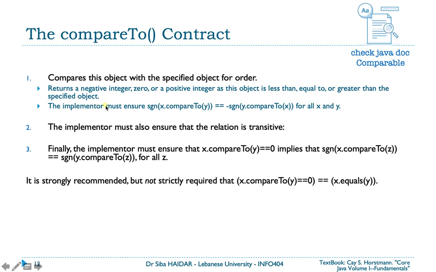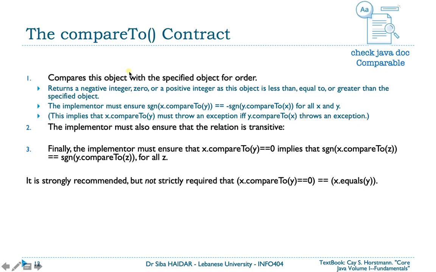The implementer must ensure that the sign of x.compareTo(y) is equal to the negation of the sign of y.compareTo(x), not the value, only the signs, for all x's and y's that are compared. This also implies that x.compareTo(y) must throw an exception if and only if y.compareTo(x) throws an exception. So, if one throws an exception, the other must also throw an exception.